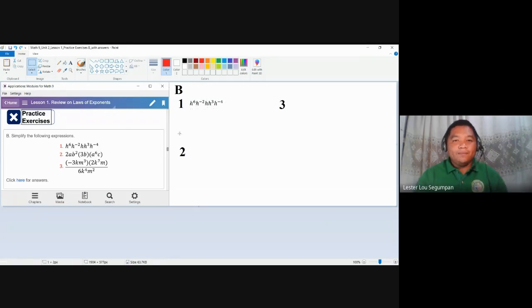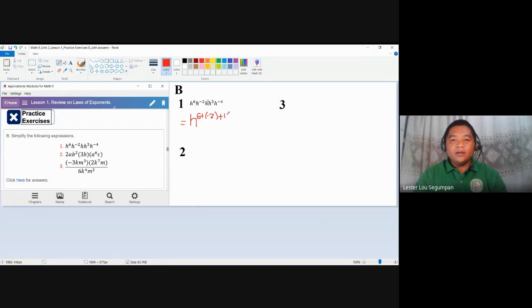In the multiplication law, we simply copy the base, because all of them have base h, and we proceed with adding the exponents. We add the exponents. So we take 6 plus -2, and then plus the third variable here. Don't forget that it has an exponent 1.